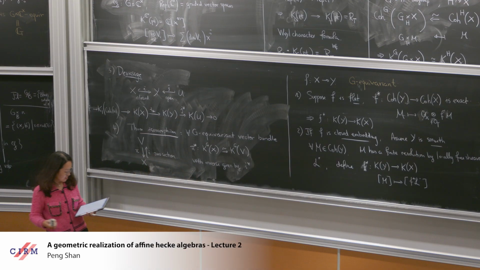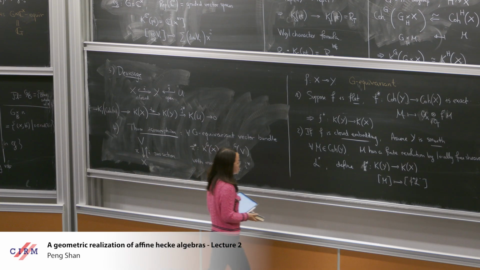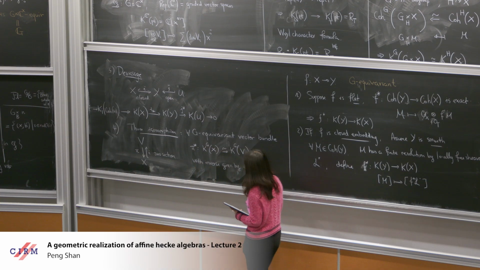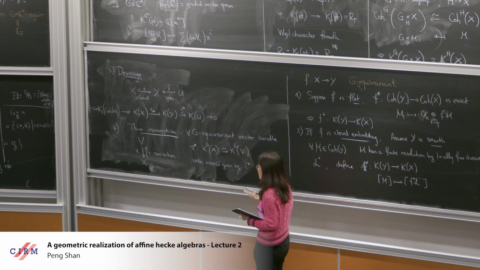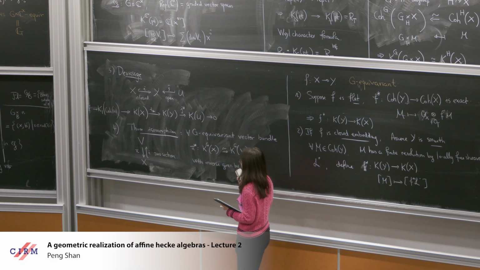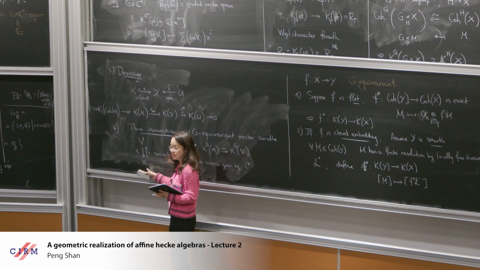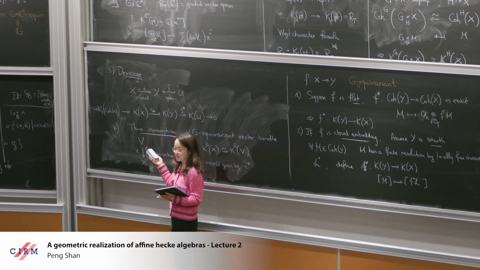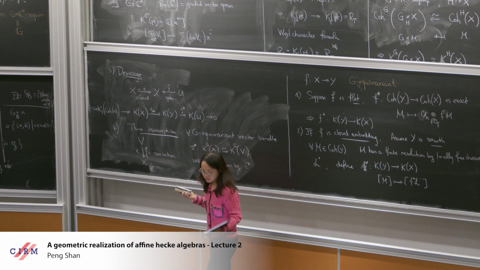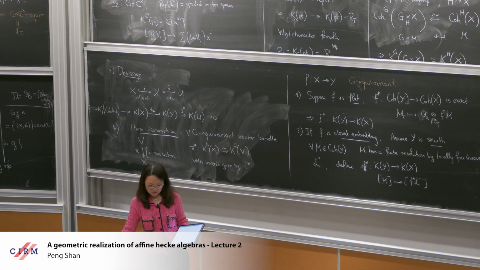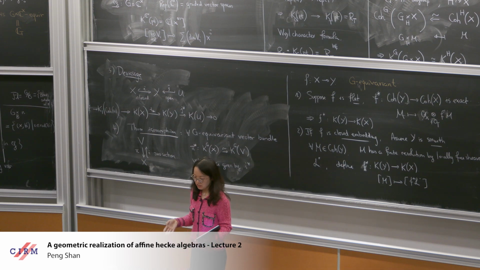Okay, so I will not give a proof of this theorem, but just to convince yourself, you think about the case where X is a point, then a vector bundle is just a vector space. And what is the K-theory of a vector space? Well, what you know is that the only projective module for a vector space is just the free module.